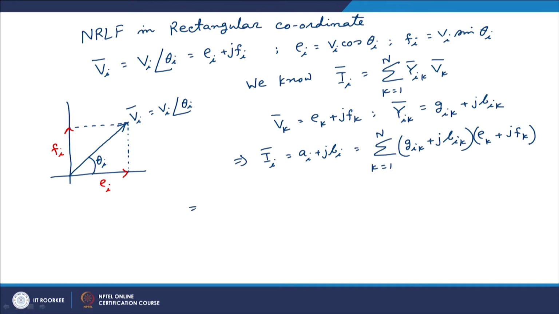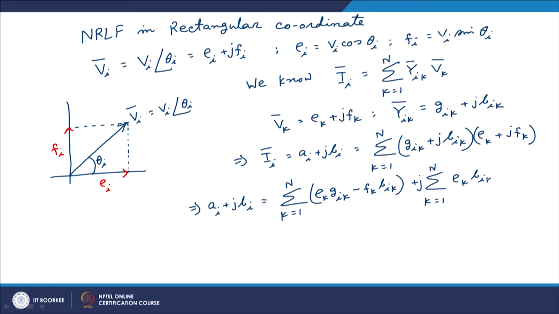So Ai plus jBi is equal to the sum over k equal to 1 to n of (Ek Gik minus Fk Bik) plus j times the sum over k equal to 1 to n of (Ek Bik plus Fk Gik).